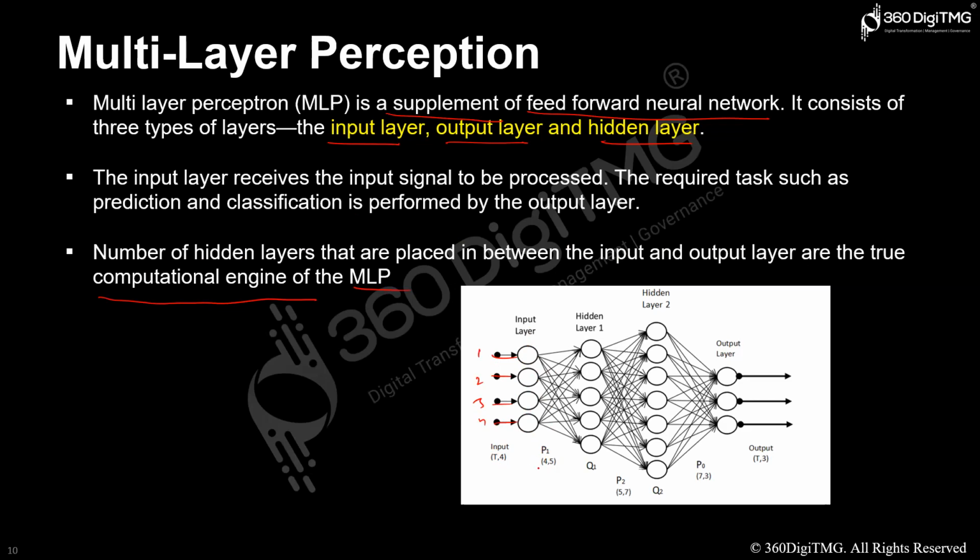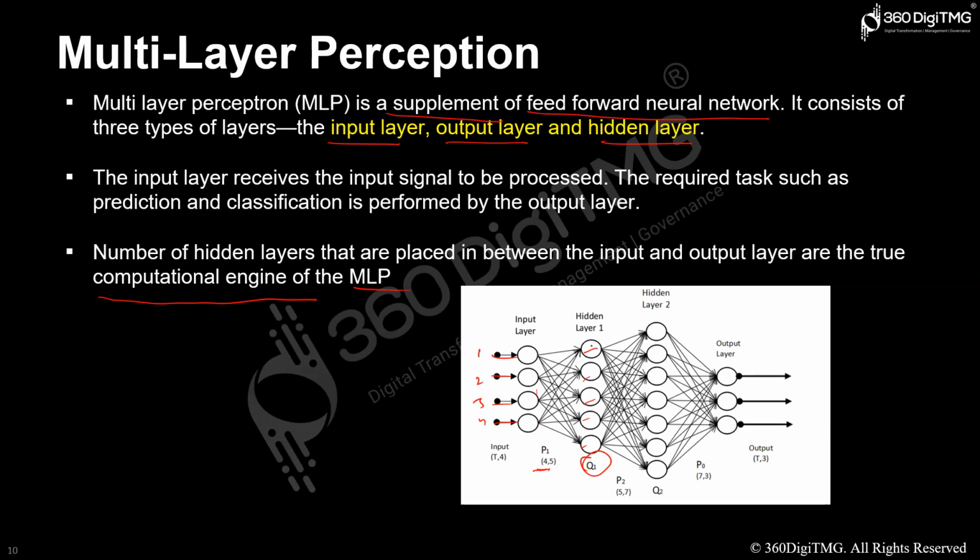These 4 data points are going into the hidden layer with 1, 2, 3, 4, 5 units. This hidden layer is given as Q1, because that's the first hidden layer.